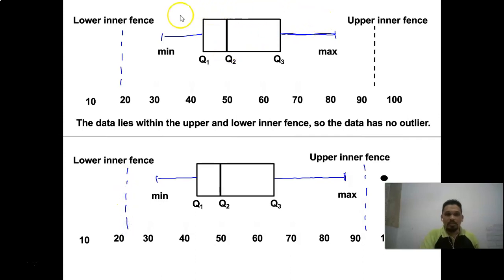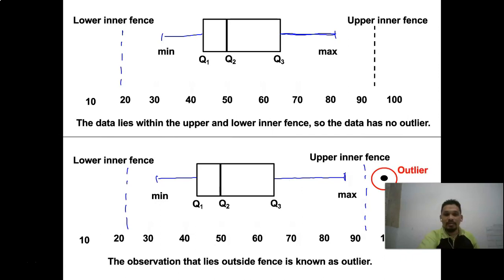All the other data are in between the lower and upper inner fence, but for this kind of data there is one data that is separate from the others. So an observation that lies outside the fence is known as an outlier.